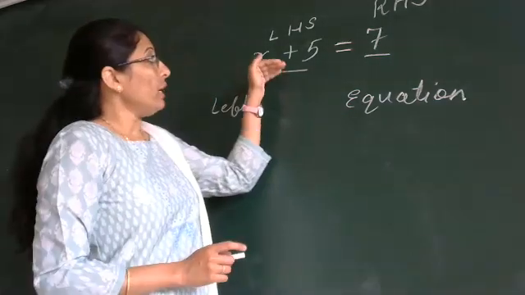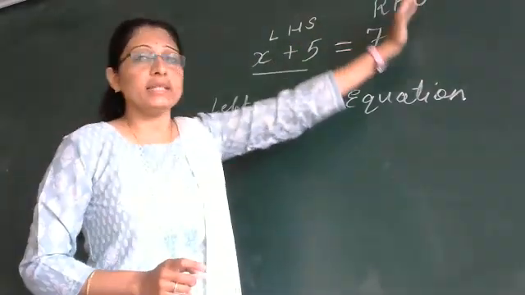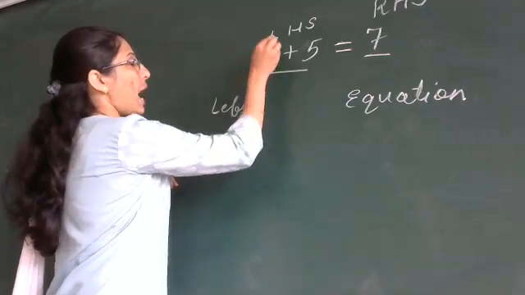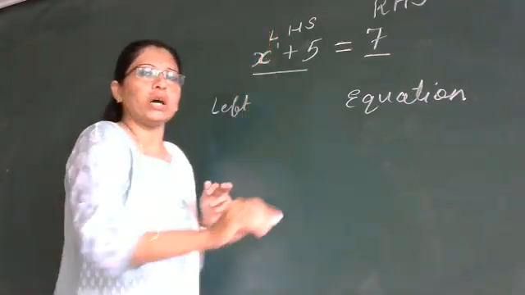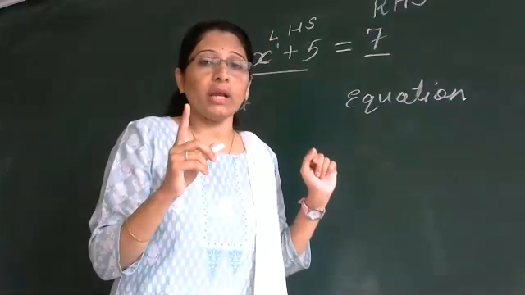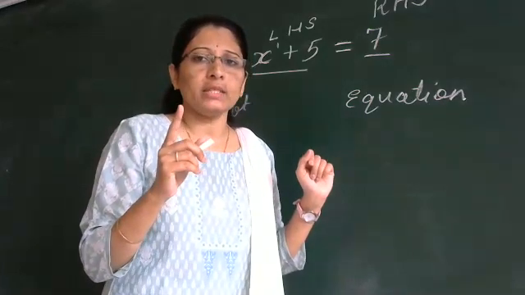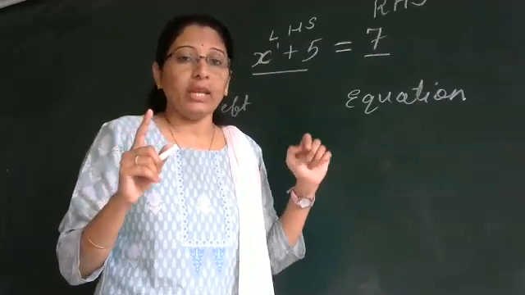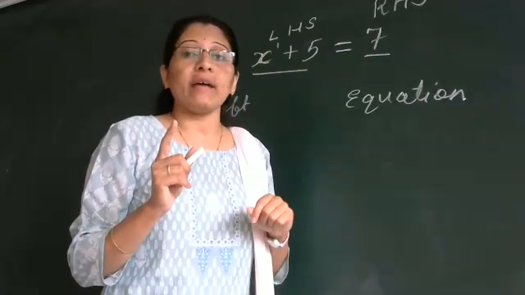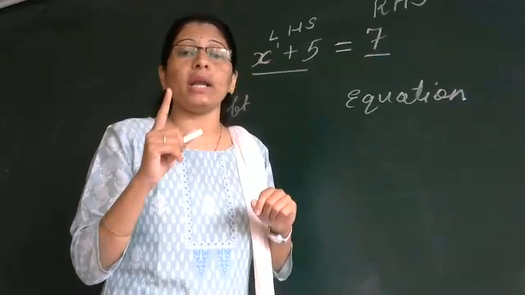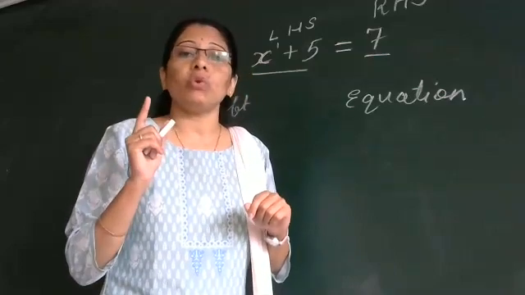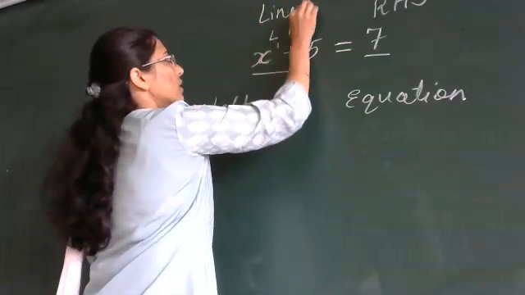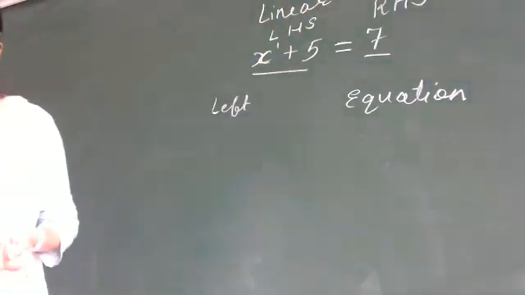Okay. We can see in this equation, x is having only one power. Such equations in which the variable has only one power, one as a degree, are known as linear equations.